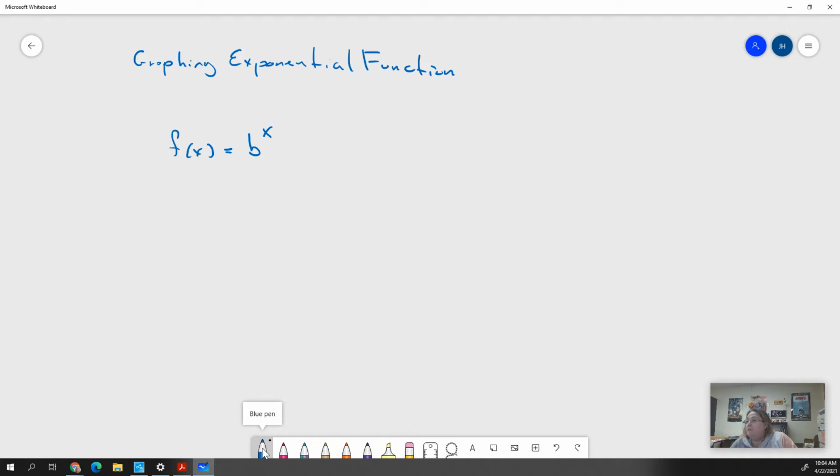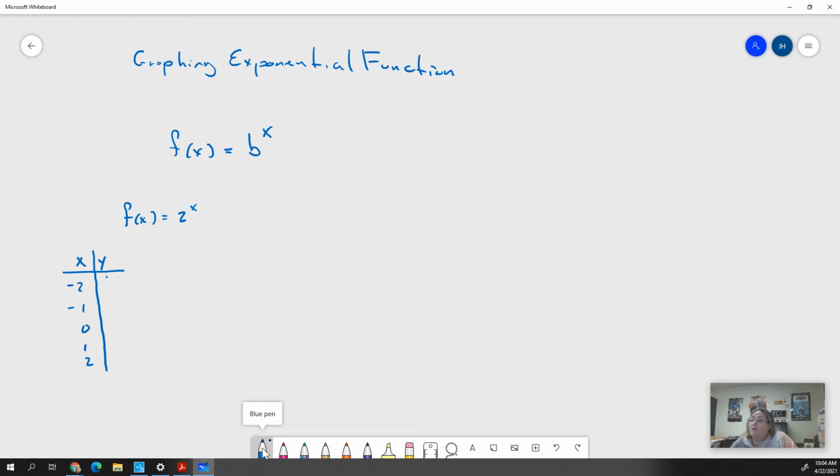But we specifically used a function that was f of x equals 2 to the x power, and we went ahead and graphed that function. I made a table because that's how I work. To me, it's faster than going to Desmos. And I put in values for x. I chose whatever values I wanted, but I always chose some evens, some positives and some negatives.